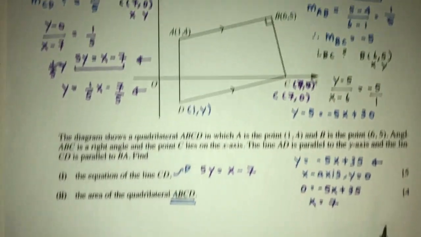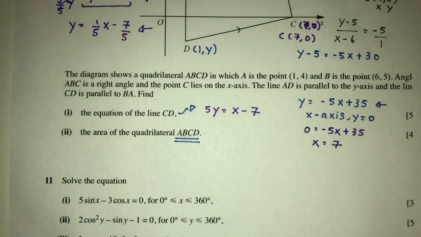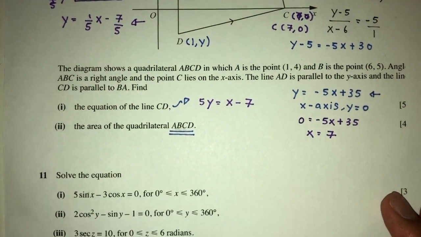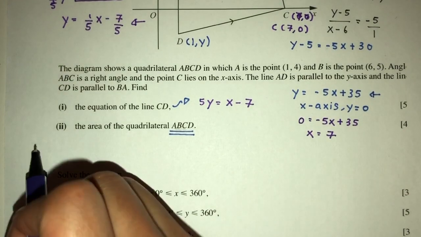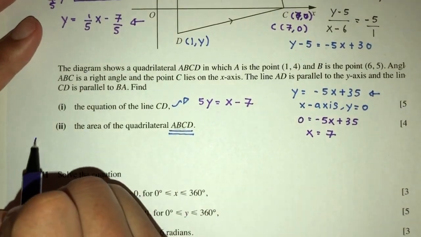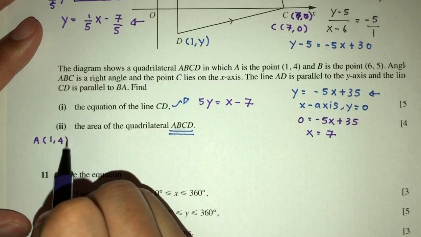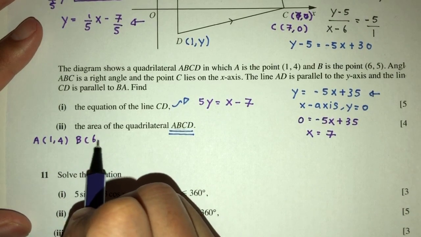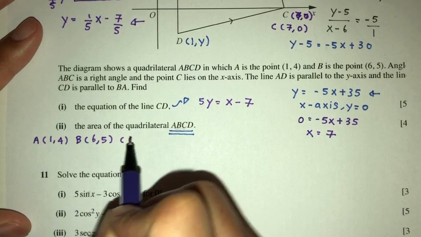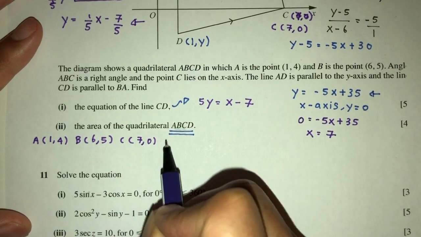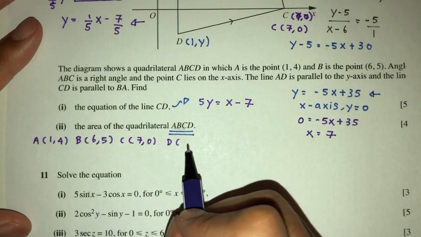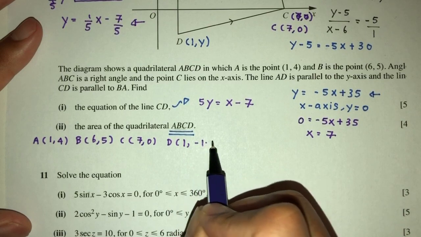Okay, so let's write this down. Now we have all the 4 points. We can use the points to find the area of that shape. So we have the point A, which is 1, 4. The point B, which is 6, 5. The point C, which is 7, 0. And the point D, which is 1 and minus 1.2.